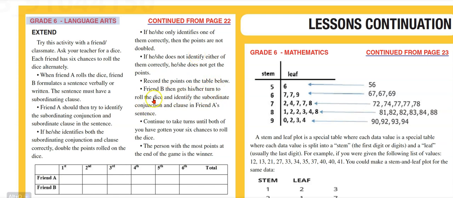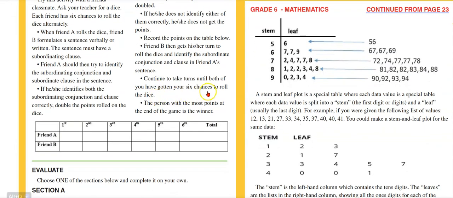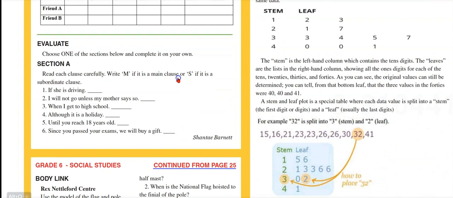Record the points in the table below, and friend B gets his turn to roll the dice and identify the subordinate conjunction and clause in friend A's sentence. Continue to take turns until both of you have gotten 6 chances to roll the dice, or best of 6. The person with the most points at the end of the game wins.